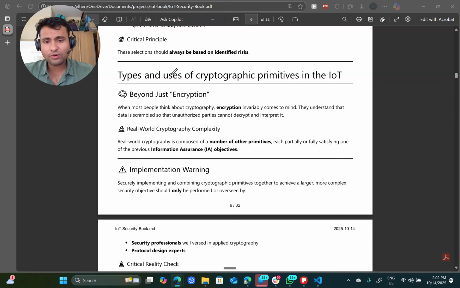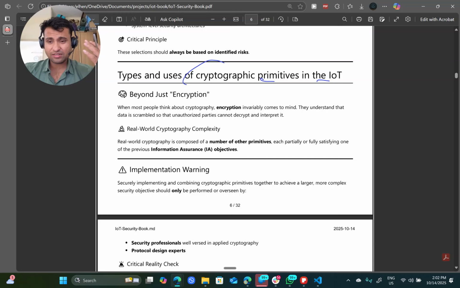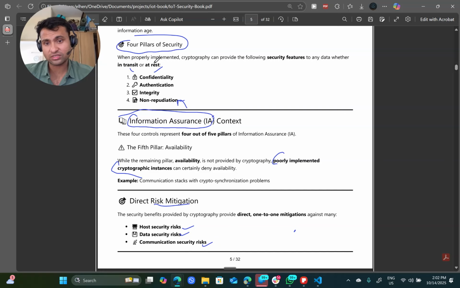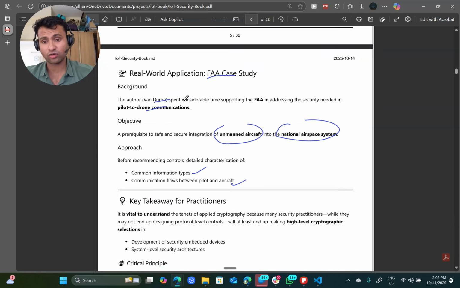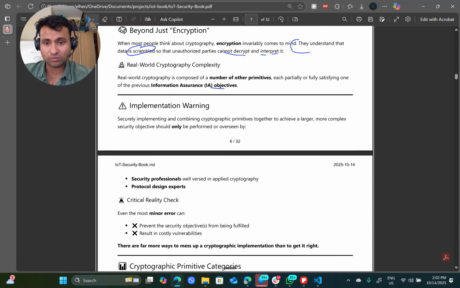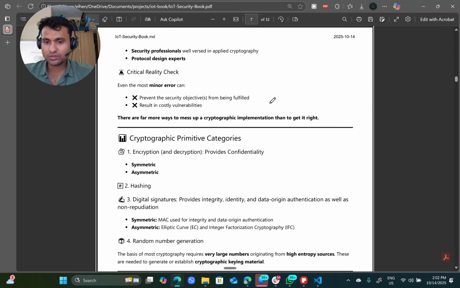When people think about cryptographic primitives in the IoT, their mind immediately goes to encryption, to data being scrambled so that unauthorized parties cannot decrypt and interpret it. But the real world cryptographic complexity, as we discussed, is much more than this. It involves confidentiality, authentication, integrity, and non-repudiation. And for achieving all these information assurance objectives, we should look at some cryptographic primitives.